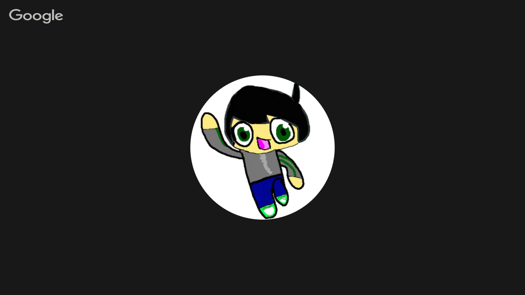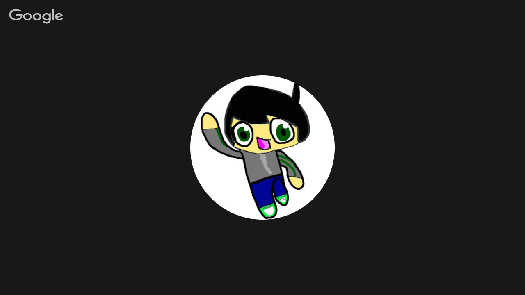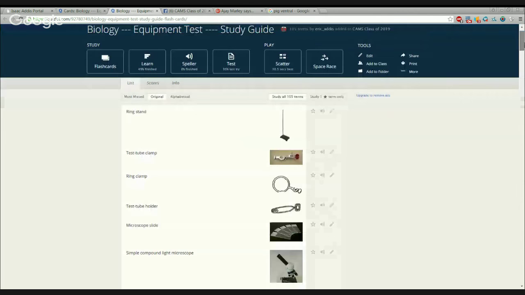And towards the sides, what do you think it might be, AJ? Lateral. Yes, lateral, like hands. That's an easy way to remember it. In fact, maybe I'll add a nice picture right here.